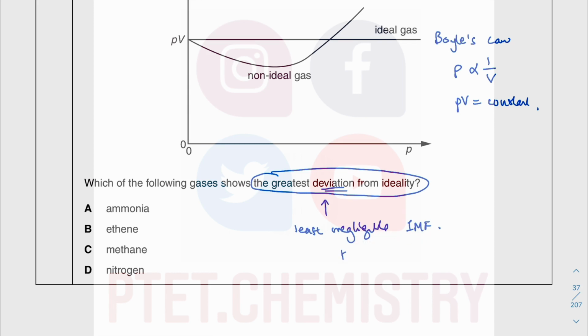We are looking at things like H bond being a stronger intermolecular force than permanent dipole, than just van der Waals.